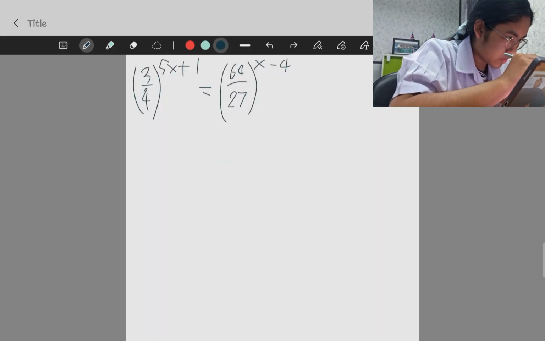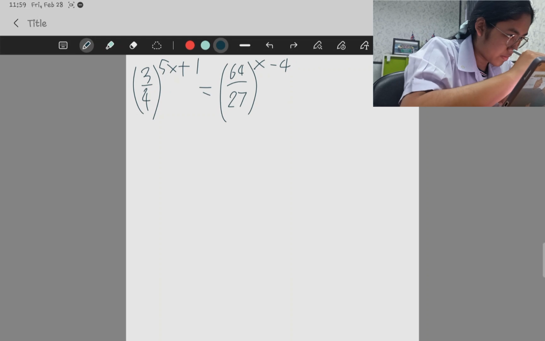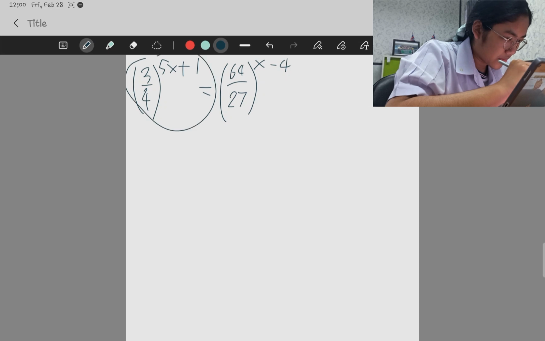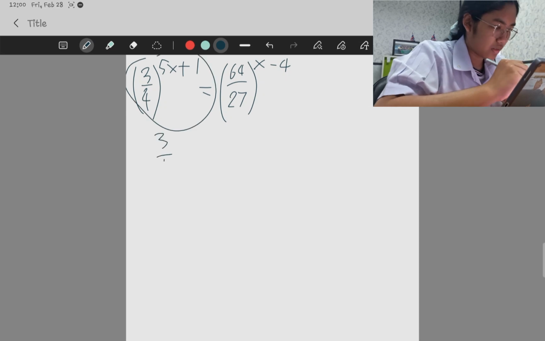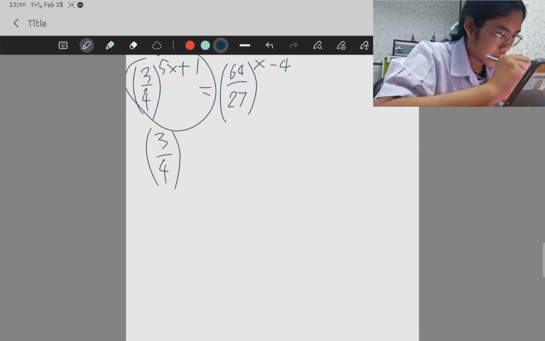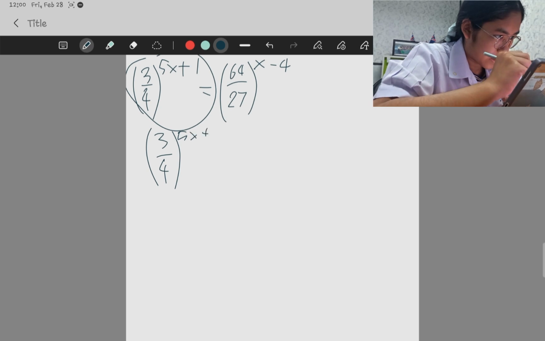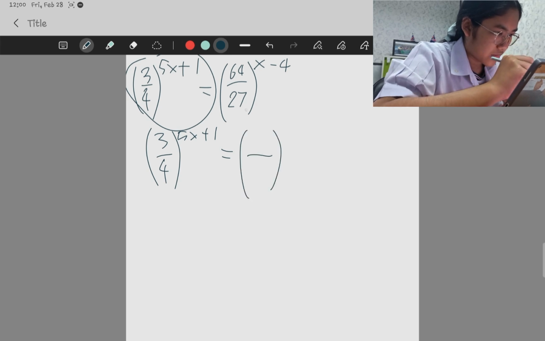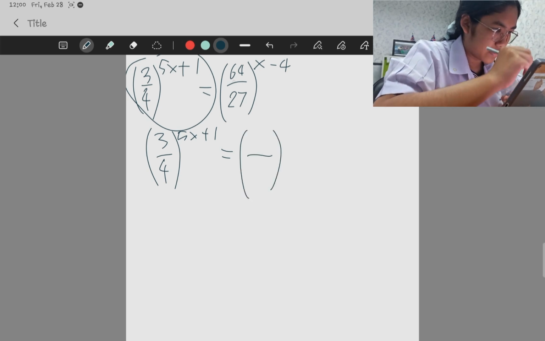Okay, so number 3, this equation. First thing, we put this one aside because it cannot be solved anymore. Okay, so move to the other side. Look at the other side, and the first thing is the base is not the same, right?